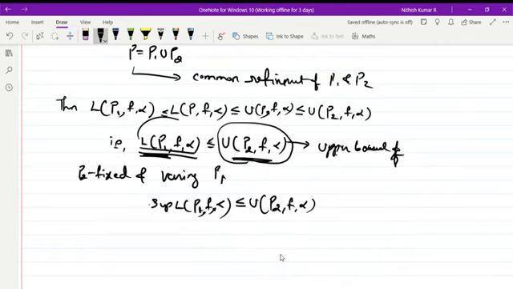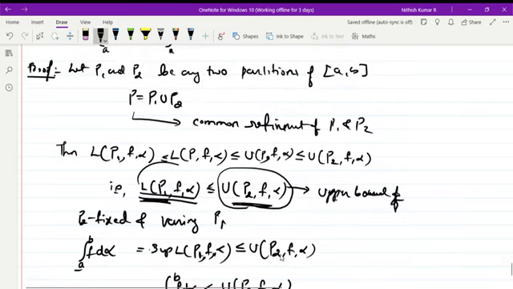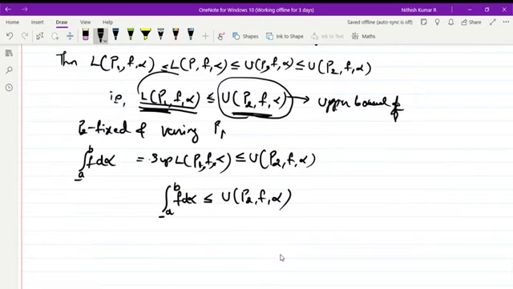Now, what is the supremum of L(P1, f, alpha)? It is nothing but the lower Riemann integral from a to b of f d alpha. So I got the lower integral from a to b of f d alpha is less than or equal to U(P2, f, alpha).